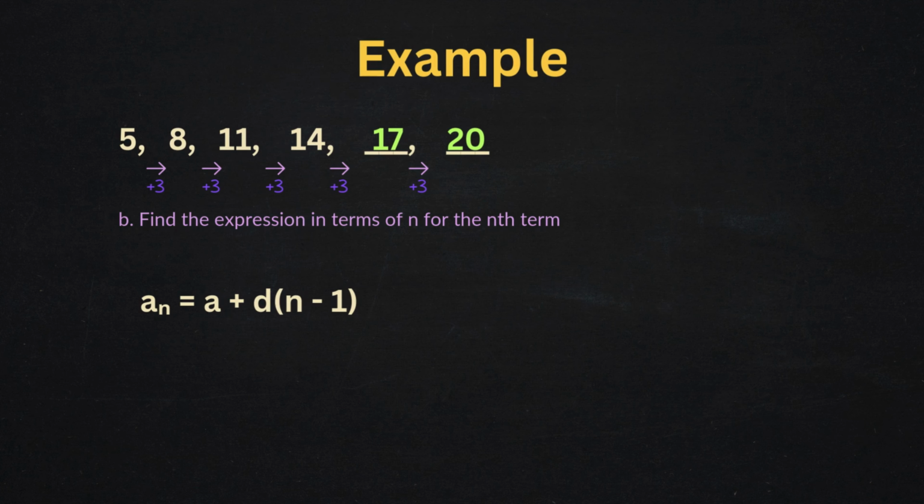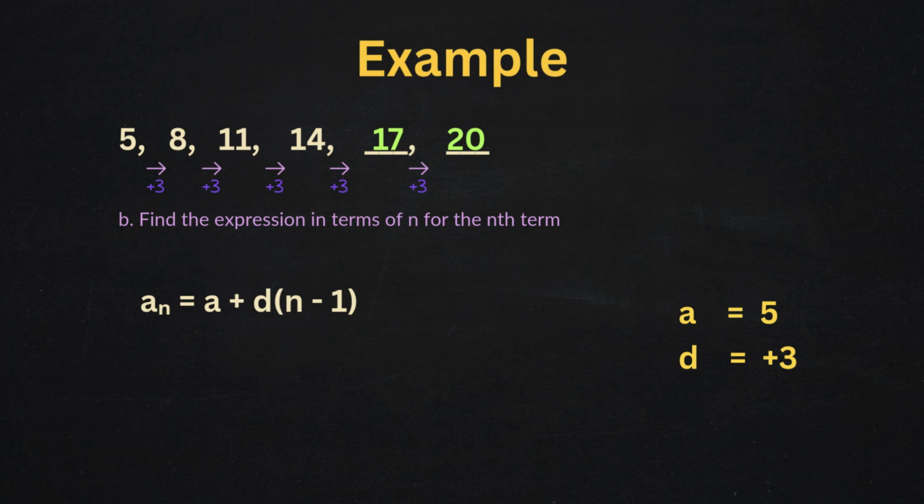In the equation, a is the first term of the sequence, which is 5 in our case. The term d is the common difference of two adjacent terms of the sequence and can be calculated by the formula next term minus previous term. We have already calculated it while checking for the sequence. Therefore, d equals plus 3.